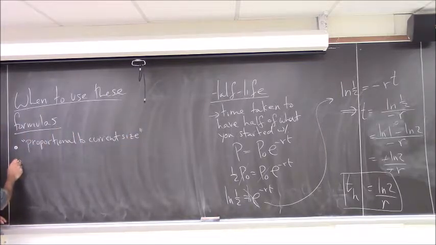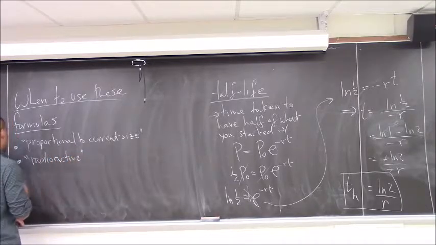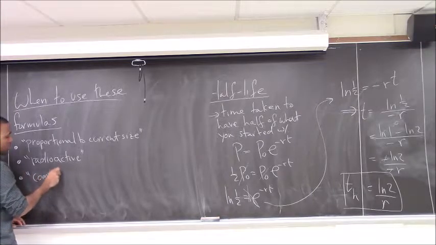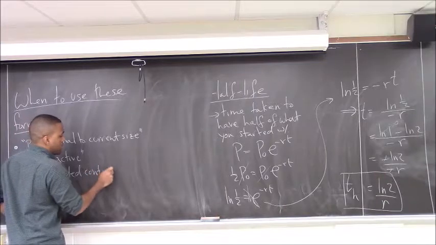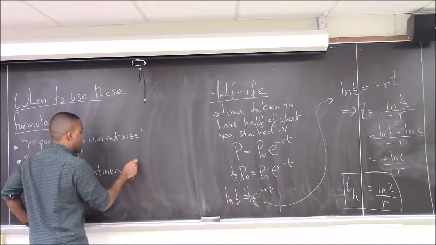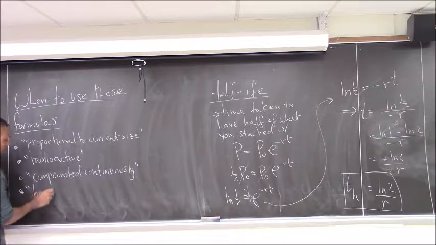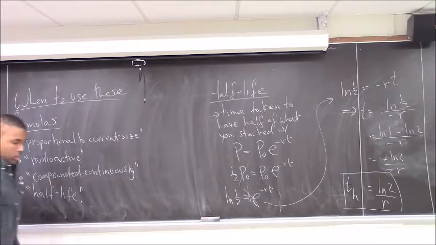You can also see things like radioactive, compounded continuously, or half-life. Whenever you see any of these phrases, it means you're looking at exponential growth and decay.